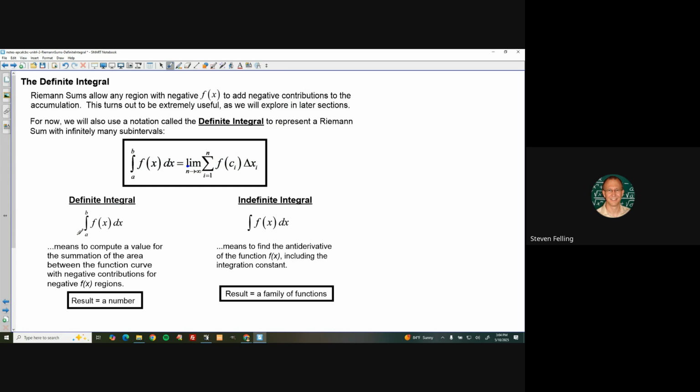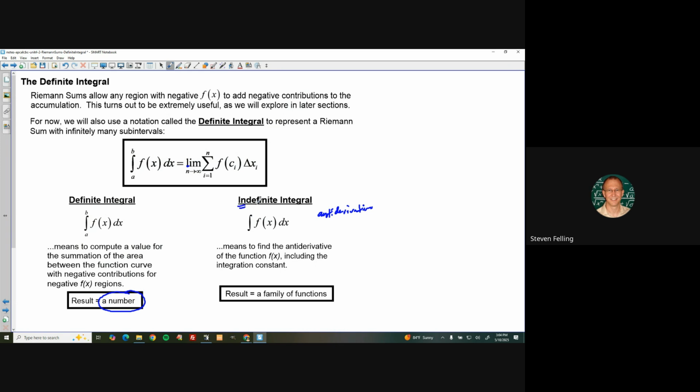So when we use this where we have numbers here, that's called the definite integral, and it means to compute a value for the summation of the area between the function curve and the x-axis between these two x values. The result will produce a number that represents the area. Okay, if we do not have numbers here, we just use the integral symbol, f of x dx, we can call that either the antiderivative, like we did in the last video, or we can now call it the indefinite integral.